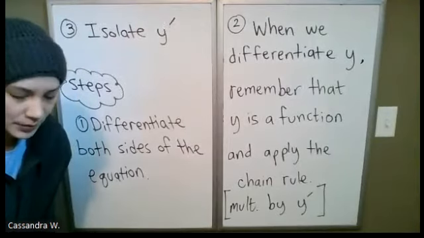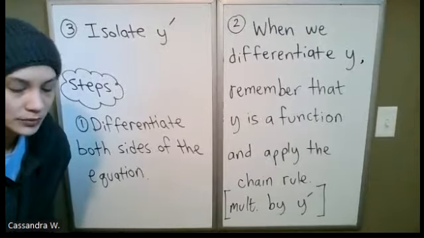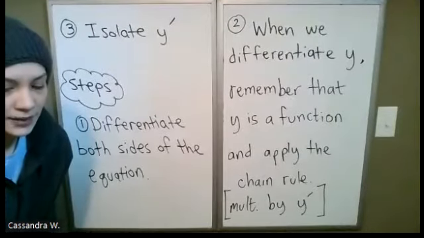Okay, first example, we're going to let x squared plus y squared equal 4 and find y prime.